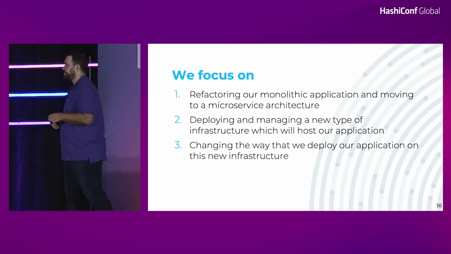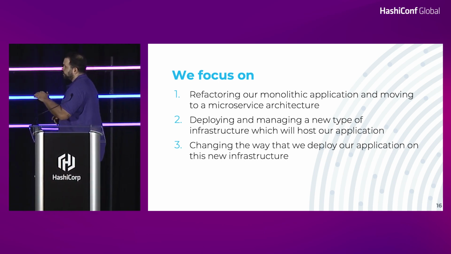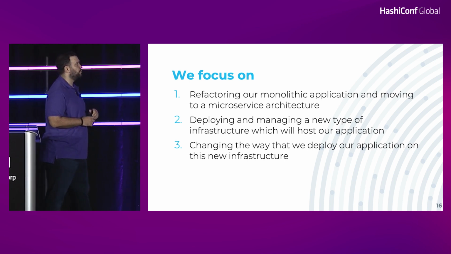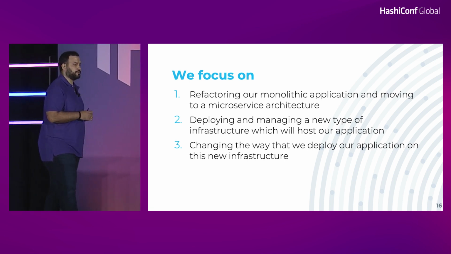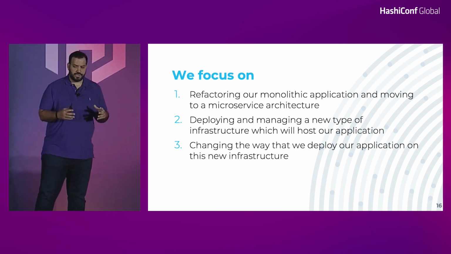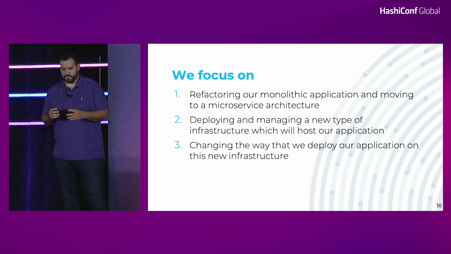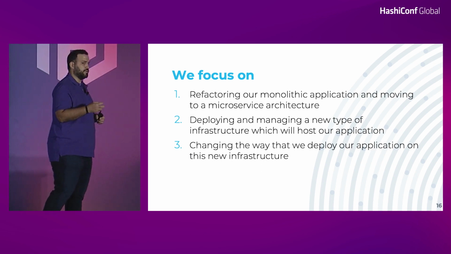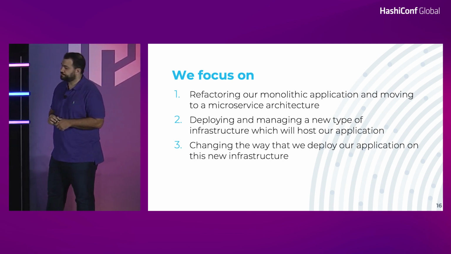So we're going to focus in the step-by-step guide in 3 different phases. First, we're going to refactor the monolith, and we're going to move to microservice architectures. And we're going to do that by using the strangler pattern, which essentially helps us what we call strangle the monolith. So essentially, it's a structured approach on how we can take small chunks out of the monolith and create microservices.